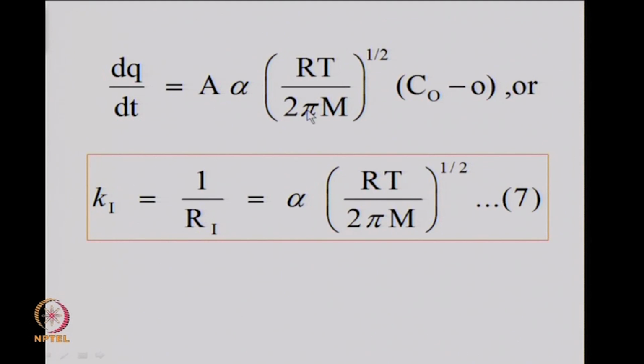We leave out the area, we leave out the concentration driving force. Alright, so now we have everything to estimate the magnitude of this resistance of the interface at given temperature. We could do it for water for instance, and alpha will have to be taken from independent experiments as mentioned earlier.